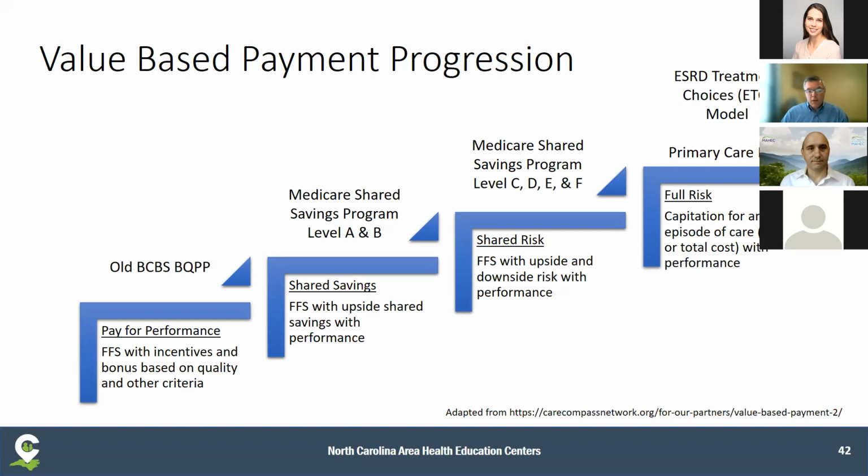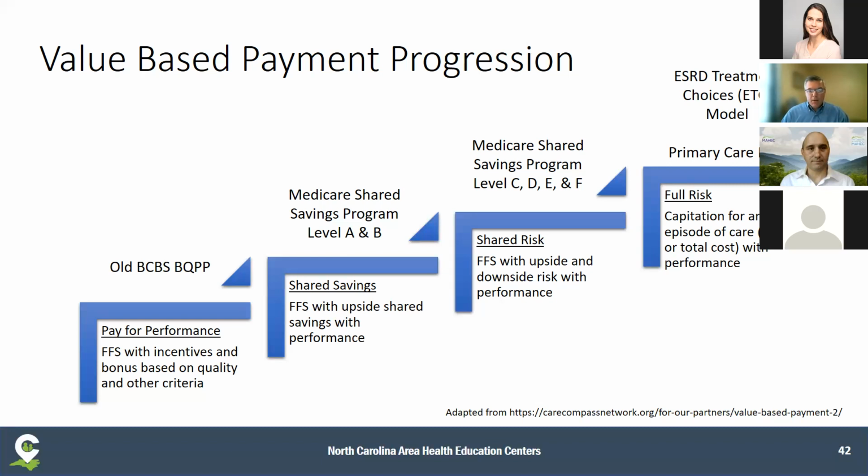Many of you are in a Medicare shared savings program. The first step is shared savings with only upside risk, meaning you can earn incentives based on your outcomes and measures, but you're not at risk of losing any in terms of that arrangement. So that's the first step of a shared savings program. That jumps up at some point into a shared risk arrangement.